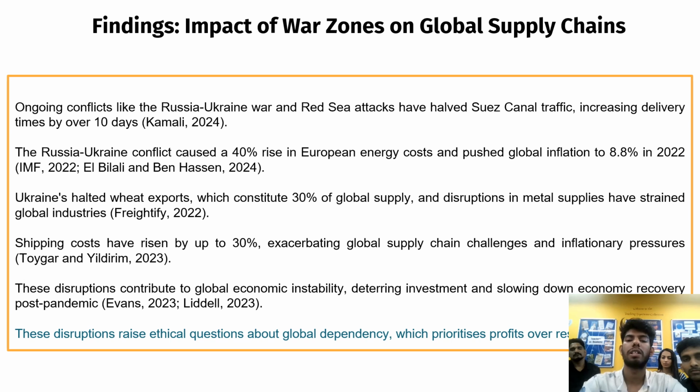Shipping costs have also increased dramatically, rising up to 30%, further exacerbating supply chain challenges and adding inflation pressure. These disruptions highlight ethical concerns about global dependency, prioritizing profit over equitable distribution.